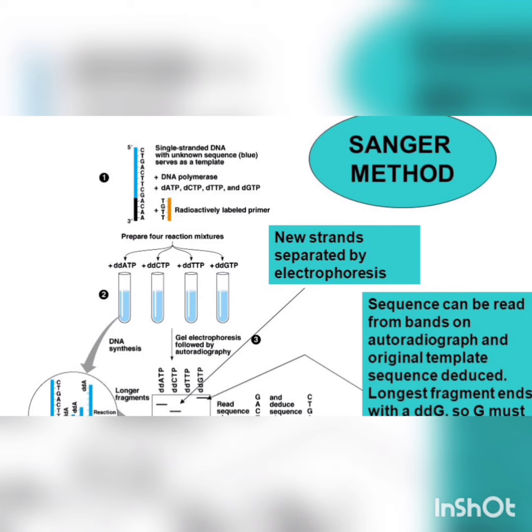In the second test tube, we add the single stranded DNA, DNA polymerase, dATP, ddCTP, dTTP and dGTP. The third test tube, we add single stranded DNA, DNA polymerase, dATP, dCTP, ddTTP and dGTP. The fourth test tube, we add single stranded DNA, DNA polymerase, dATP, dCTP, dTTP and ddGTP.